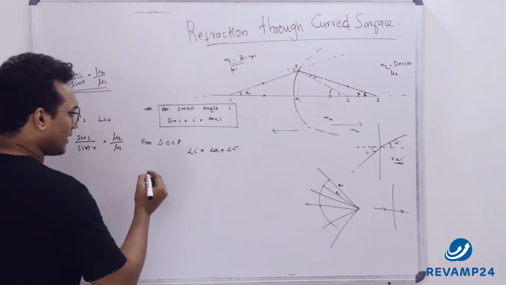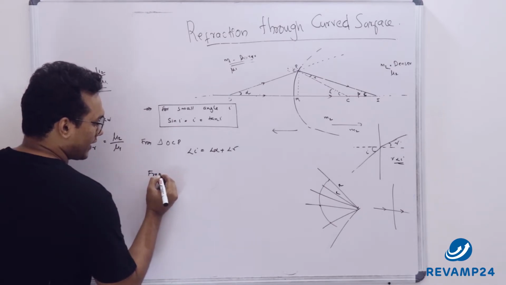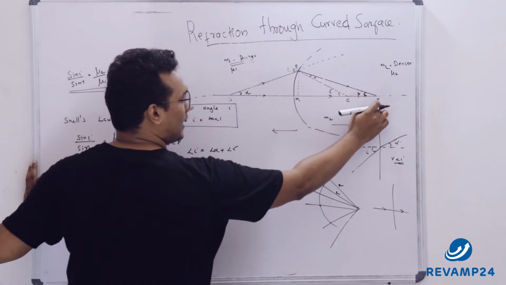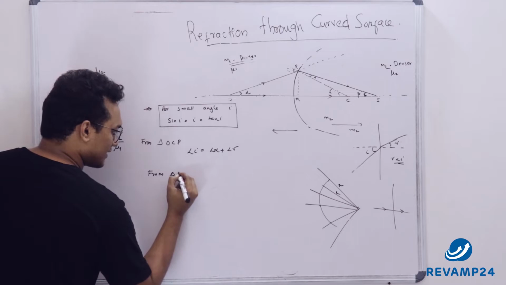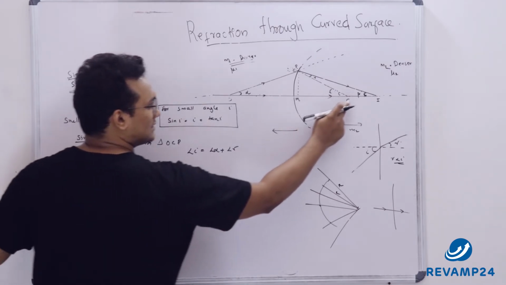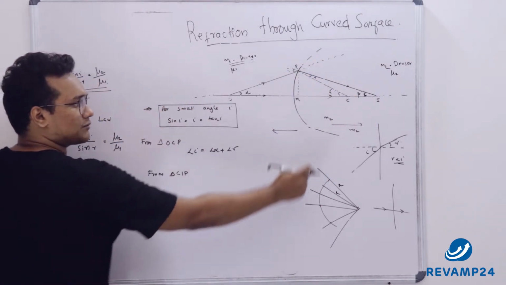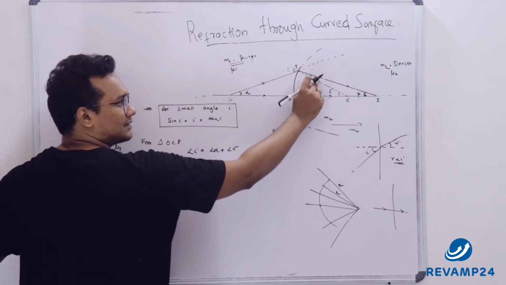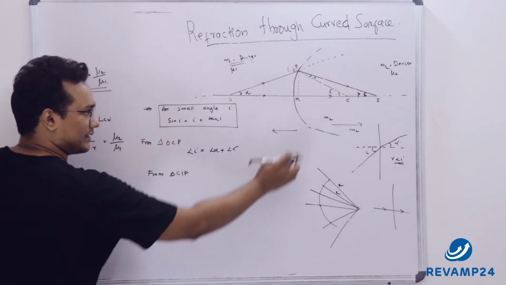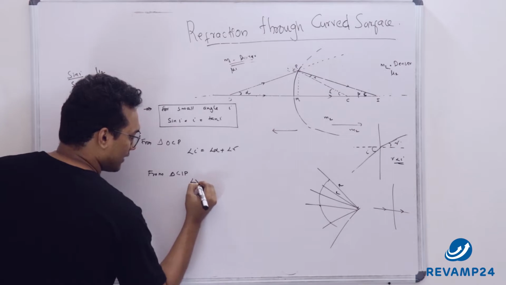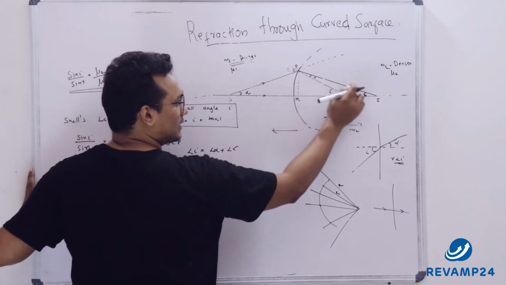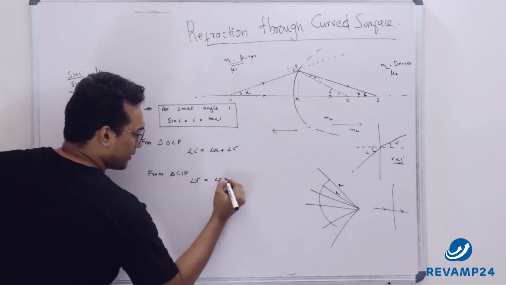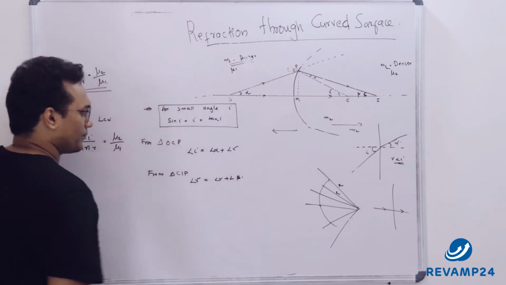Now from triangle CIP, we will get a new relation. This is my exterior angle and that is equal to the sum of interior angles. So what is the exterior angle? Gamma. So angle gamma is equal to interior angle R plus angle beta.